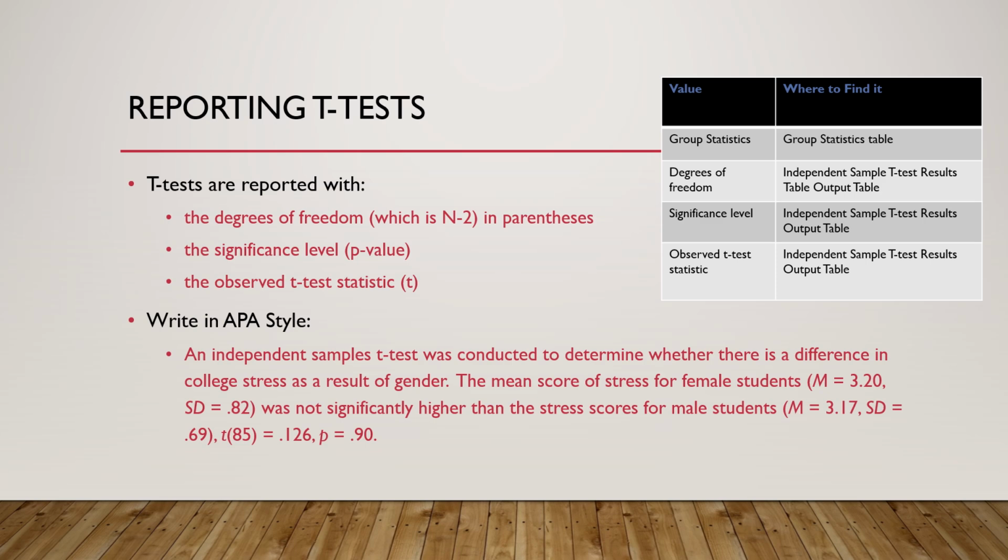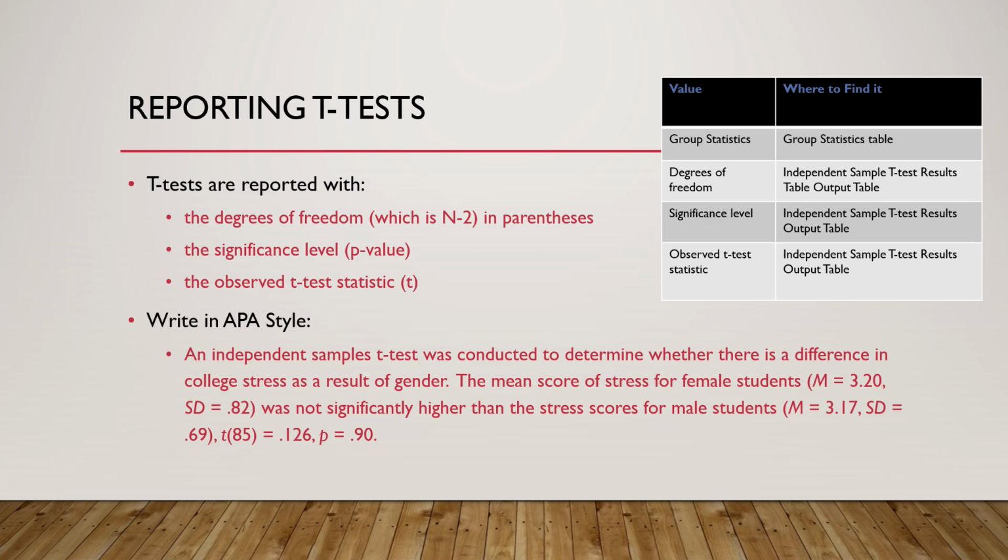I then tell you how the different groups performed. So the mean score of stress for female students, there it is, M equals 3.20, standard deviation equals 0.82, was not significantly higher, very important, they're not significantly higher than the stress scores for male students, M equals 3.17, SD equals 0.69.